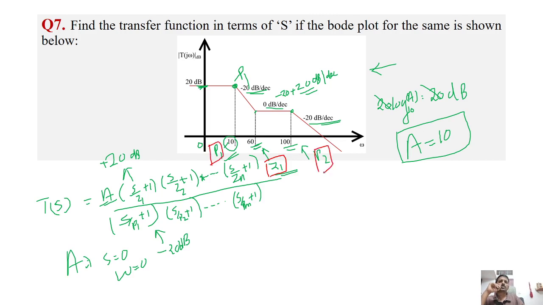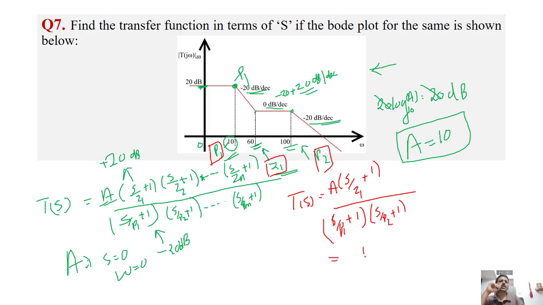So in general we can write T of S equal to A into S by Z1 plus 1. There are no other zeros, right? Divided by S by P1 plus 1, and there is one more pole, so S by P2 plus 1. So this will be the transfer function.